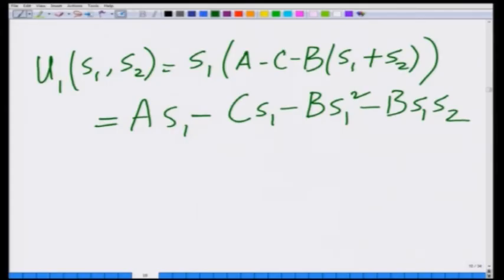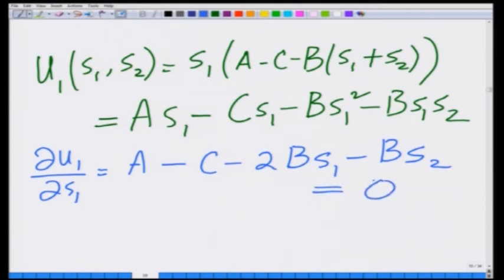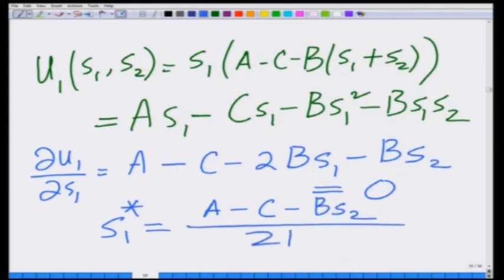Now if I differentiate this with respect to S1, I have dou U1 by dou S1 equals A minus C minus 2B S1 minus B S2, which I equate to 0, and therefore I obtain the best response S1 star equals (A minus C minus B S2) divided by 2B.